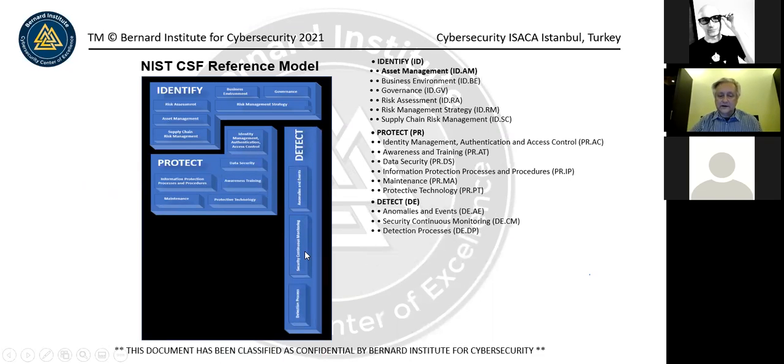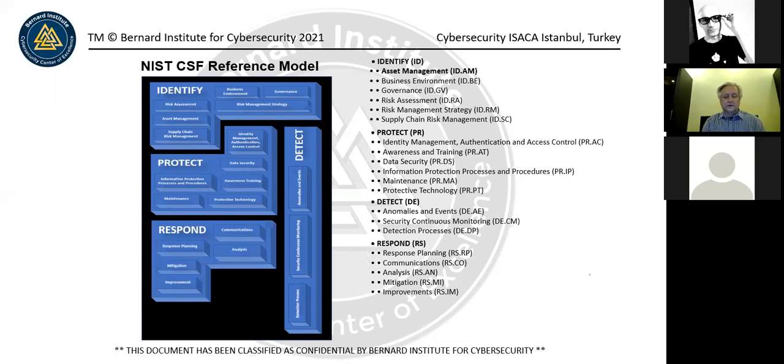And then we have detect, and detect runs parallel to everything that we're doing. Once we start to protect systems, we want to start monitoring them. So part of the protection process should be making sure that they're logging, making sure that if there's any kind of error messaging, it's recorded in the SIEM or in the collectors, gathered and brought in so that we can determine at the Security Operations Center if there's something unusual happening.